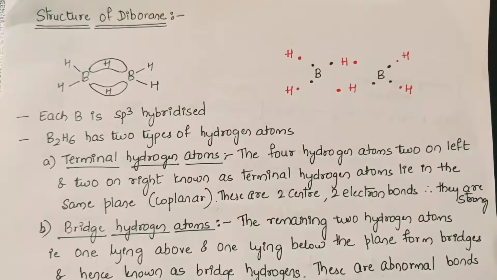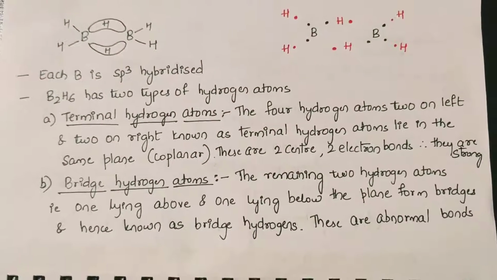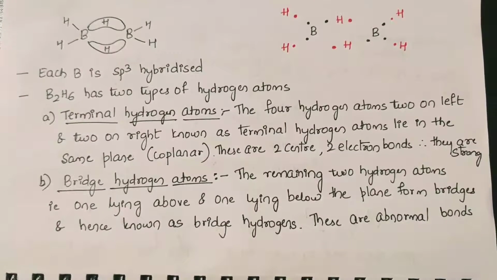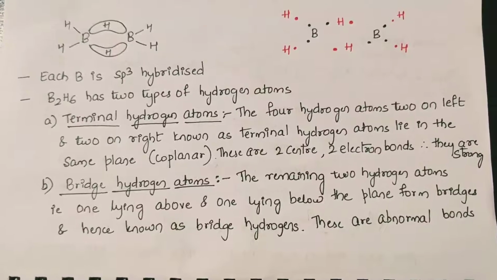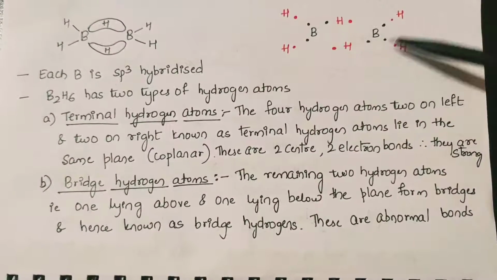These are said to be abnormal bonds, as the two bridges involve one electron from each boron atom and one from each hydrogen atom. If you want to look at it clearly, you can look at this structure.